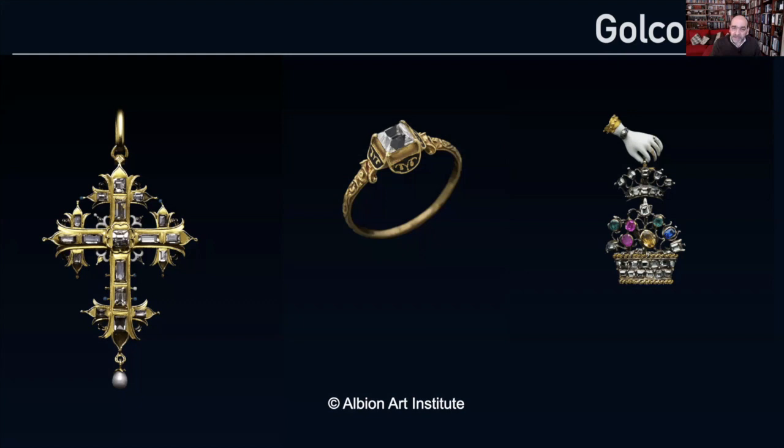These are nice examples of 16th and 17th century jewelry from the Albion Art Institute, using diamonds that, if they are of this age, almost certainly are from India, and possibly from the Kollur or Golconda area. So Golconda is not synonymous with everything that comes from Golconda being extraordinary.